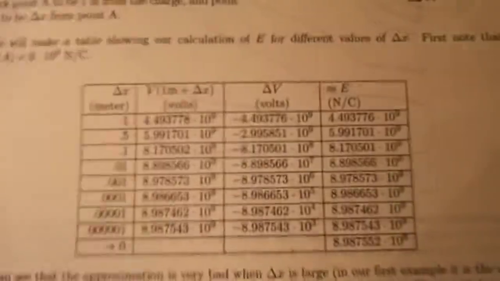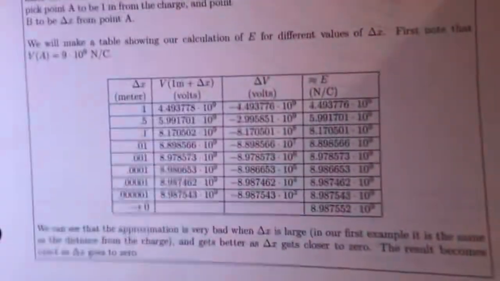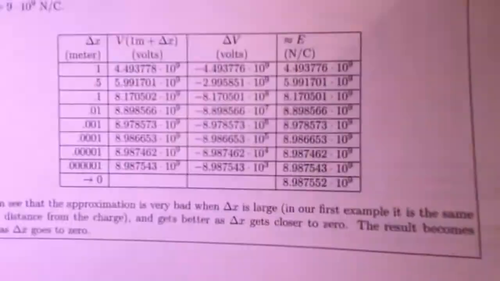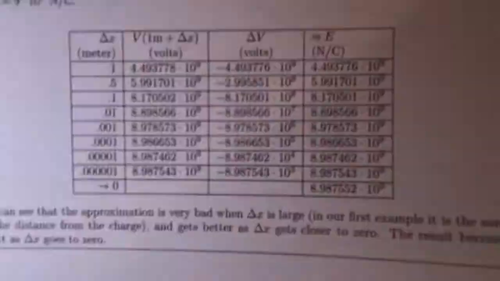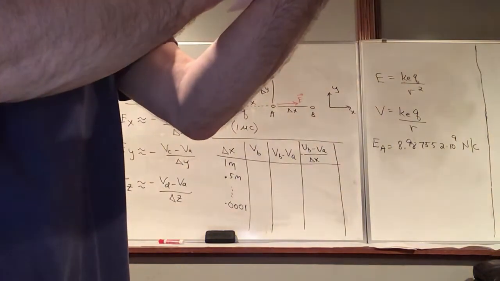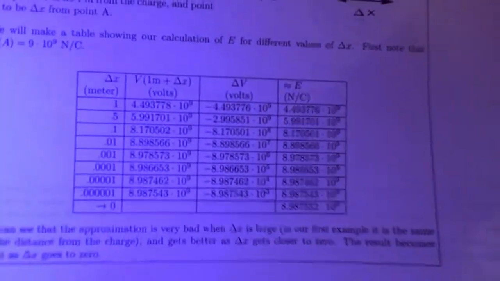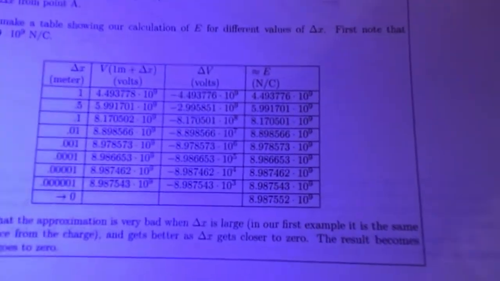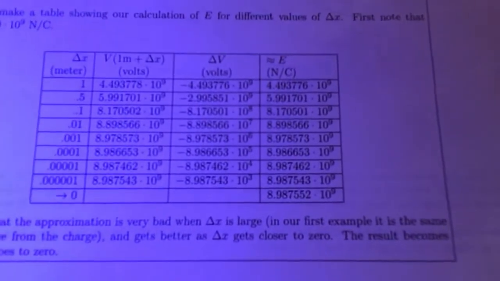In this start, delta X is 1 meter, which is very large, and what we get from delta V over delta X is like 4.493. If we pick delta X to be 1 meter, then that is way off from the actual electric field.